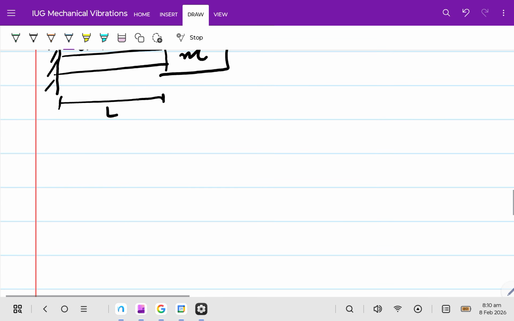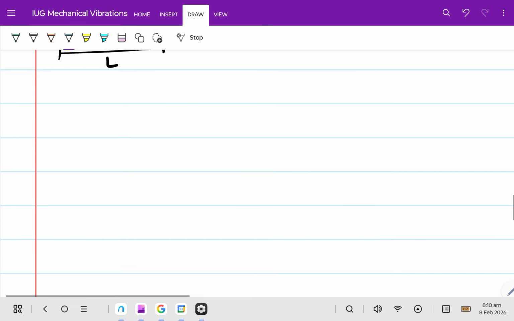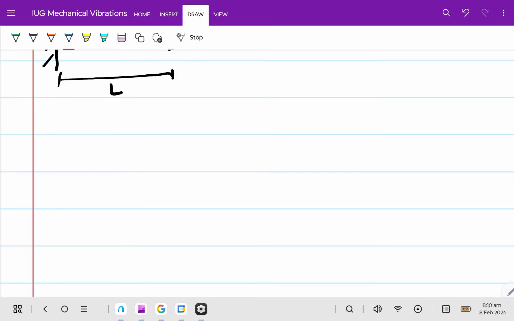Since one end of the bar is fixed while the other is attached to the mass, we can use the governing equation for the axial vibration of the bar that we discussed earlier, and the solution that we found earlier. We can use the boundary condition because u at position 0, t would always be equal to 0. There's no displacement at this point at any time, that is at x equals 0.